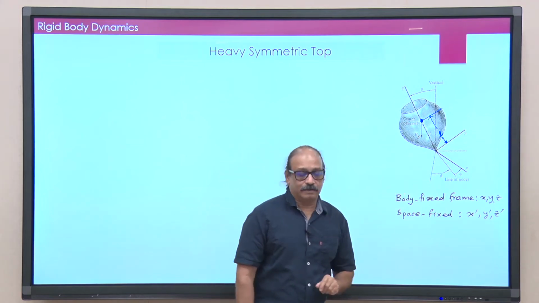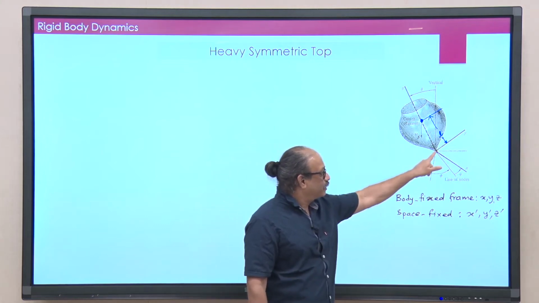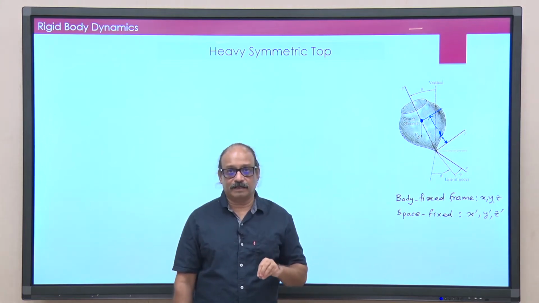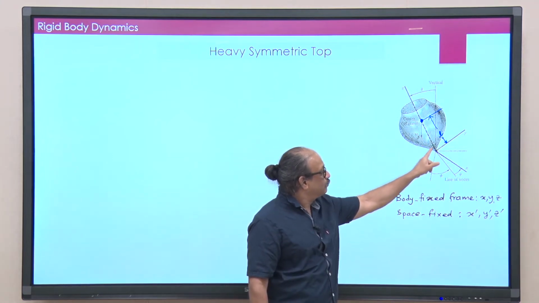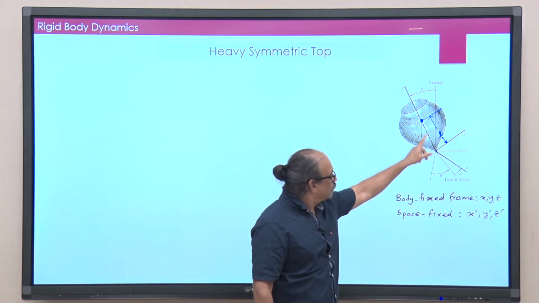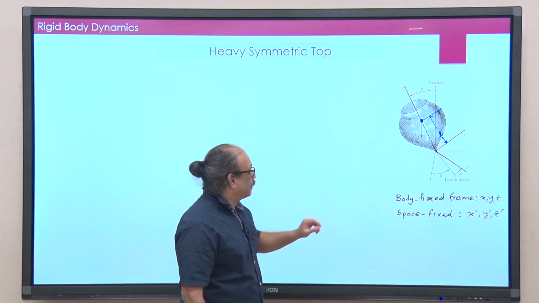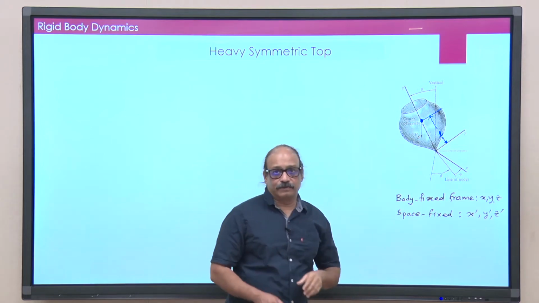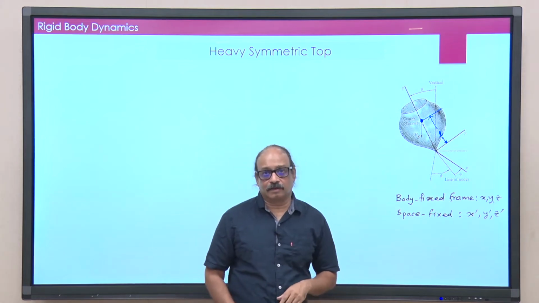We can deduce a lot about this motion by assuming the contact point is fixed, and the center of mass of the top is a distance L away from the contact point. That is why gravity will act on it and give rise to torques in the system.